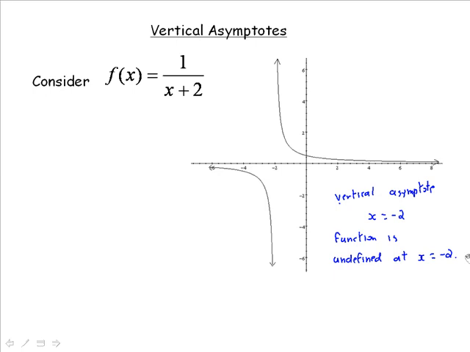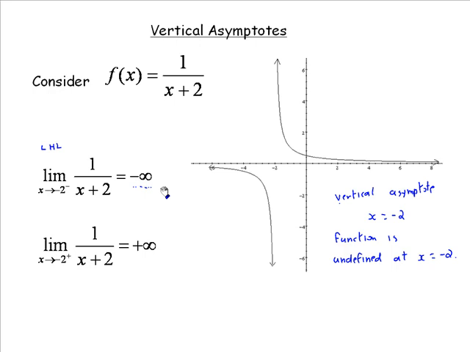But to make a few observations about it, if we were to take a look at the left and the right-hand limits, you'll notice in this case the left-hand limit right there, as x approaches negative 2 from the left, so here's your negative 2, the limit of the function is, well, negative infinity. There is no limit. It goes down forever.